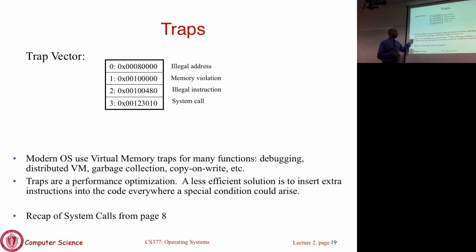Okay. So remember one more thing: this is simply a performance optimization. Just as I said, what would have happened if there were no base and limit registers? You can ask what would have happened if there was no trap vector. You could still handle traps.